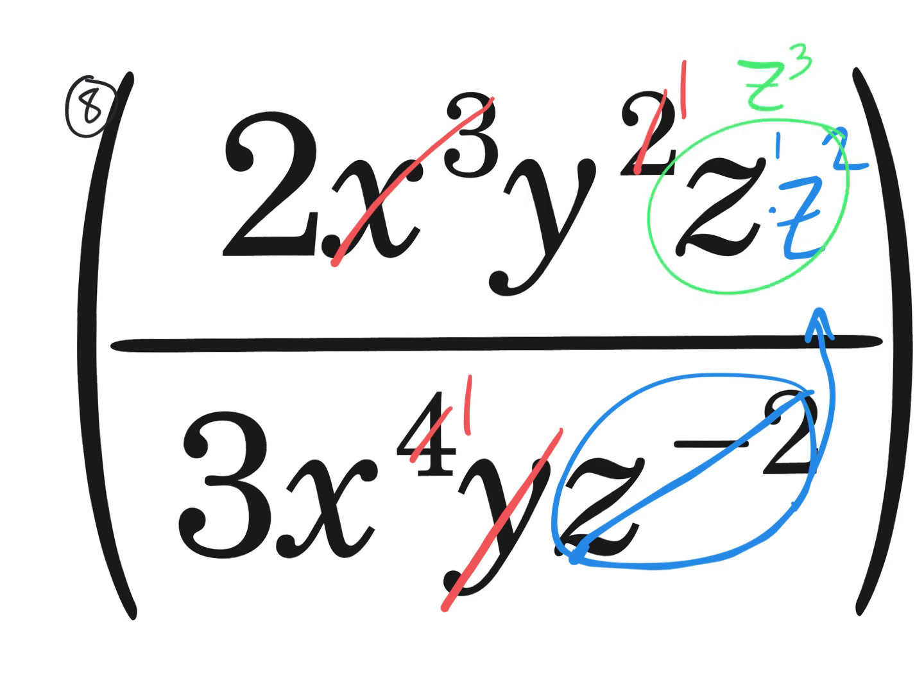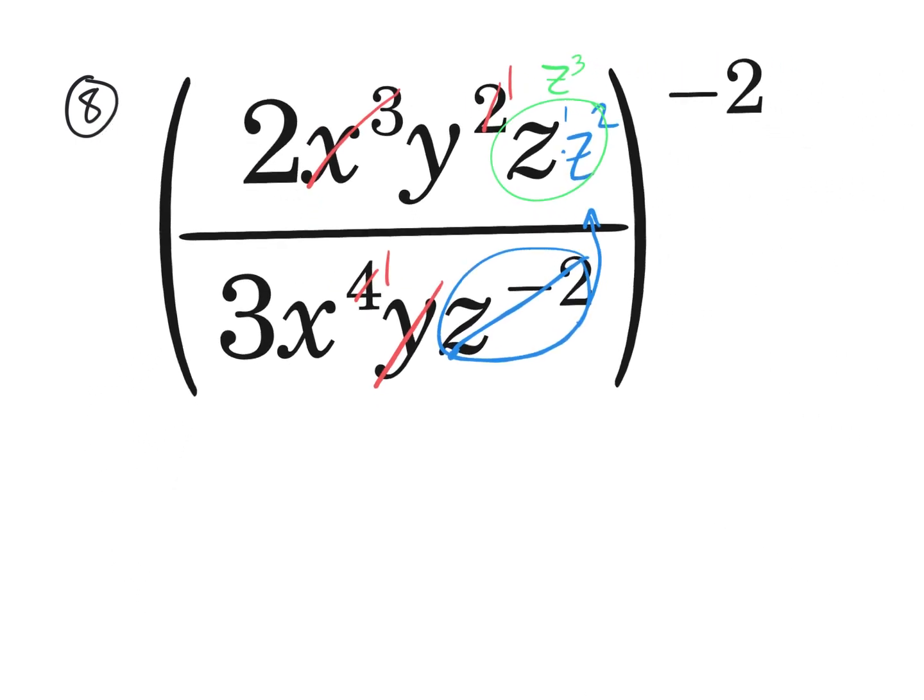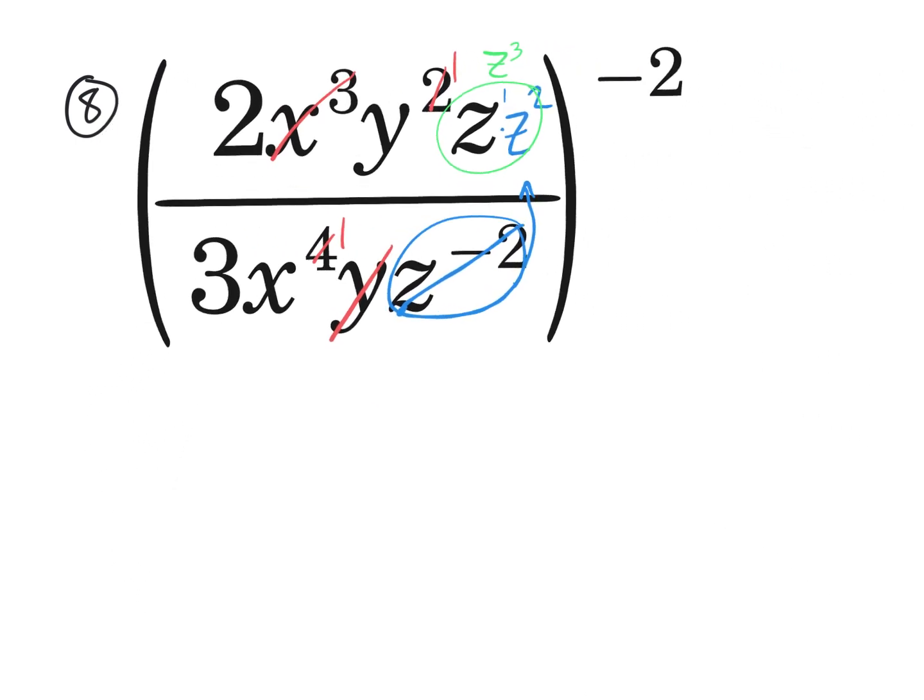Now, I do admit it's getting ugly, so let's rewrite this thing. We are going to have parenthesis, fraction bar, 2 over 3. There's no more x's up on top. There's only an x on the bottom. So I put the 3x on the bottom. The y to the 1 is up on top, and you could just put a y.